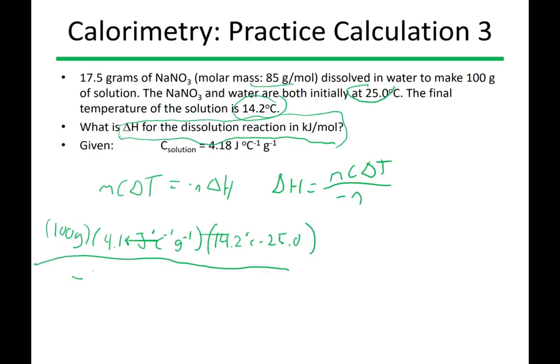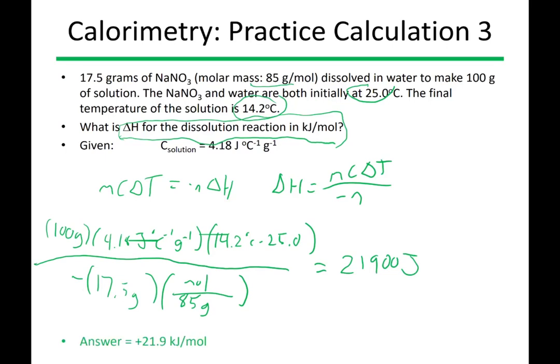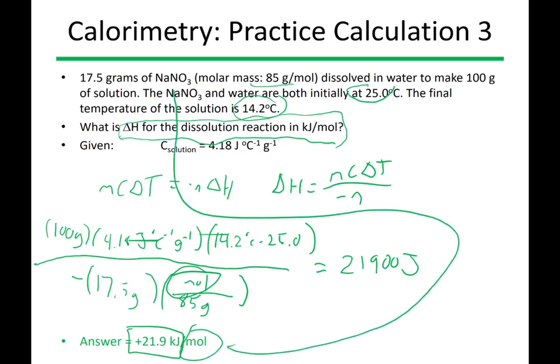So since we're given a mass, we have to convert that to moles, 17.5 grams. And we have that that's 85 grams per mole. And if we plug all this in, we get 21,900 joules. Or if we're converting to kilojoules, that would be 21.9 kilojoules. And all of this is per mole, and specifically this would be per mole of NaNO3.